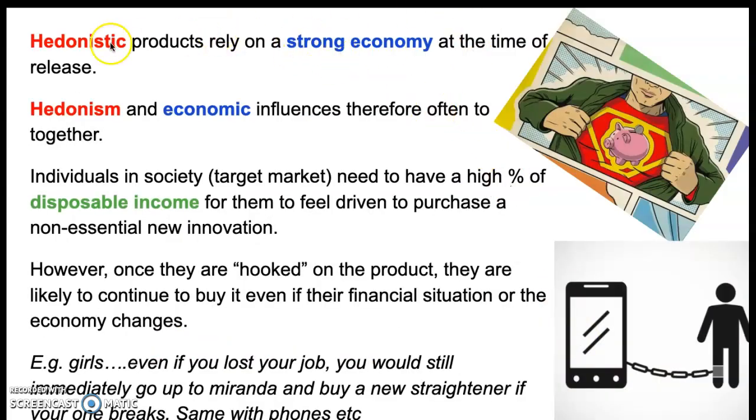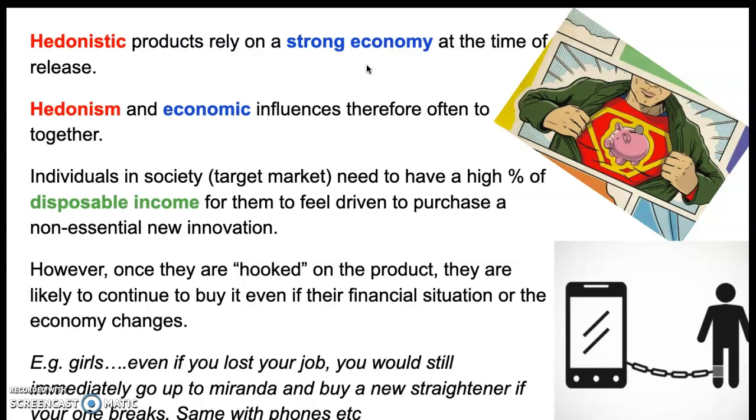You need to be able to link hedonism with the economy. If you get a question about the economy, economic influences, or factors affecting success, you can always throw in the word hedonism, because hedonistic products rely on a strong economy when they're released.